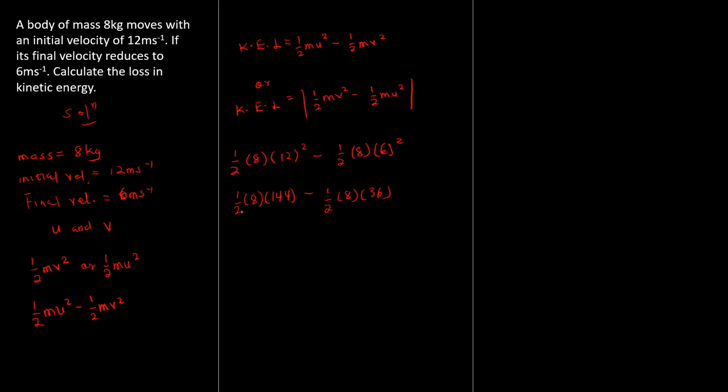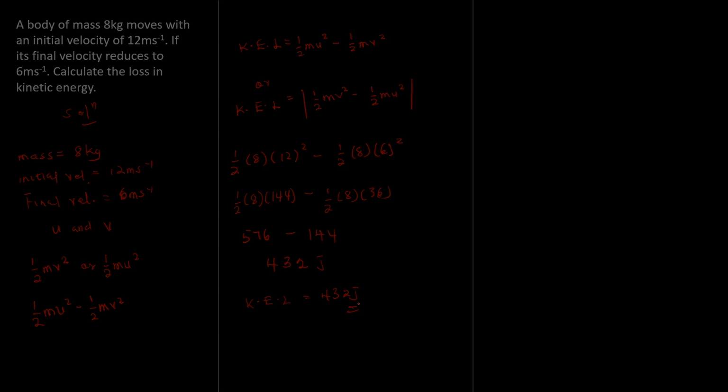With this, the simplification should give us 576 minus 144. From here the remainder would be 432. Notice that this 432 is energy, the kinetic energy lost. So in joules, the KE lost is actually 432 joules, and that is our solution.